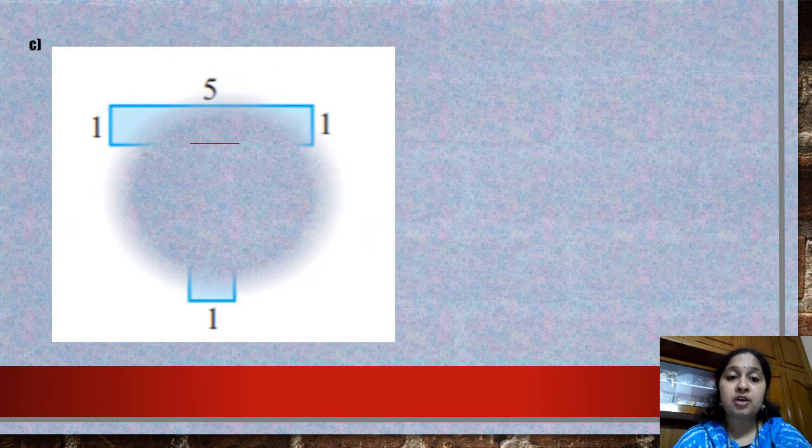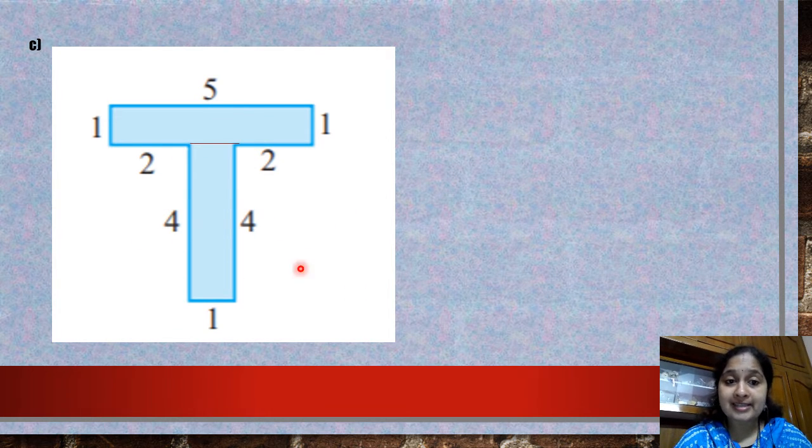Now let's move on to the C bit. Now look into the C bit. Yes, it's looking like a shape of a T, letter T. Now I have put a line in between and divided this figure into two parts. So now let's find the dimension of this part. So this is one rectangle, this is another rectangle. So this is figure 1 and this is figure 2.